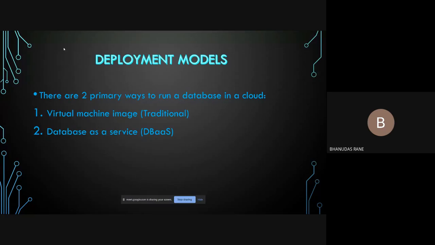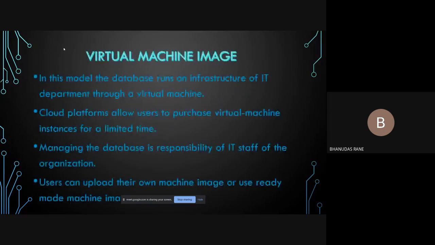There are two primary ways to run a database in a cloud. First is a virtual machine image. This is also called the traditional method. And second is database as a service. So next, virtual machine image. In this model, the database runs on the infrastructure of the IT department through a virtual machine. Cloud platforms allow users to purchase virtual machine instances for a limited time.